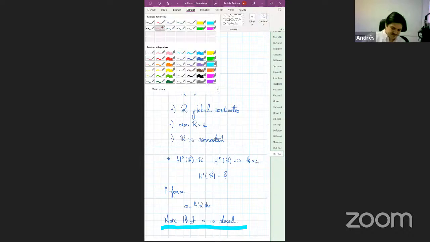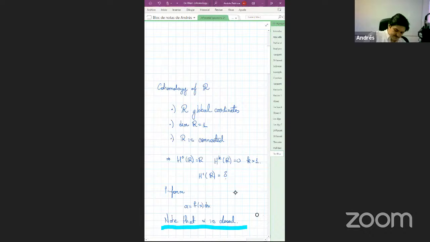Anyone? What is this? Right? dx, which is d of dx, is 0.